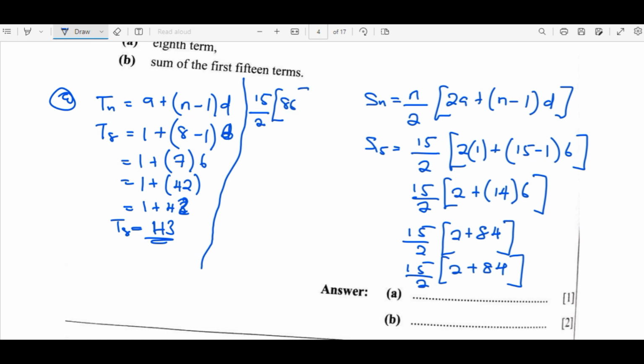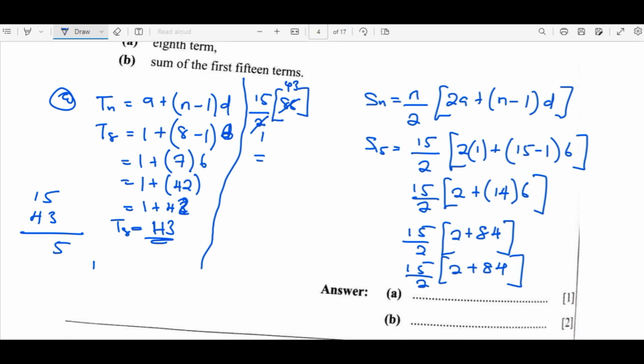So 86, and then you can reduce this to the lowest, meaning that 2 into 2 is 1, and 2 into 86 will give us 43. So when you multiply 15 and 43, 3 times 5 will give us 15.